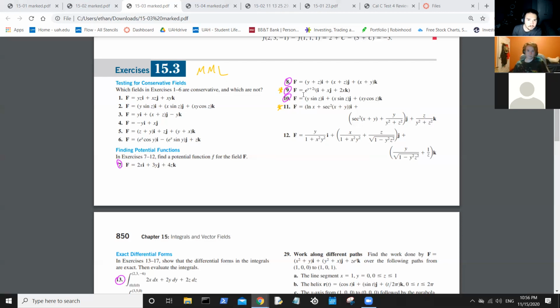Right, let's see. Yes, okay. So you take the i component, which would be e^y plus 2z, integrate it with respect to x, and you will get x e^y plus 2z plus g of y, z for your constant there because of rules. Then you take the next one, which is x e^y plus 2z, which is technically the y portion, and you integrate it with respect to y.